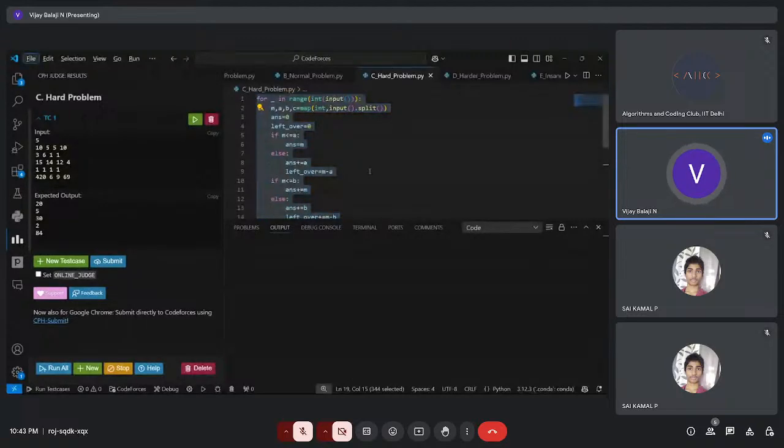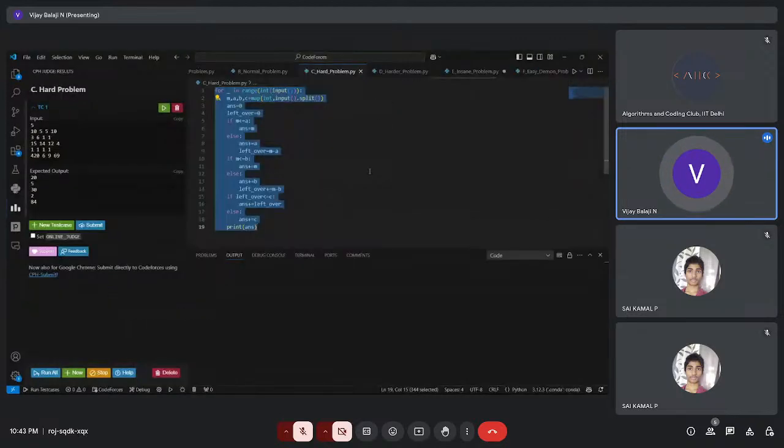Now for question C, we are given four integers m, a, b, and c. There are two rows, each row containing m seats.